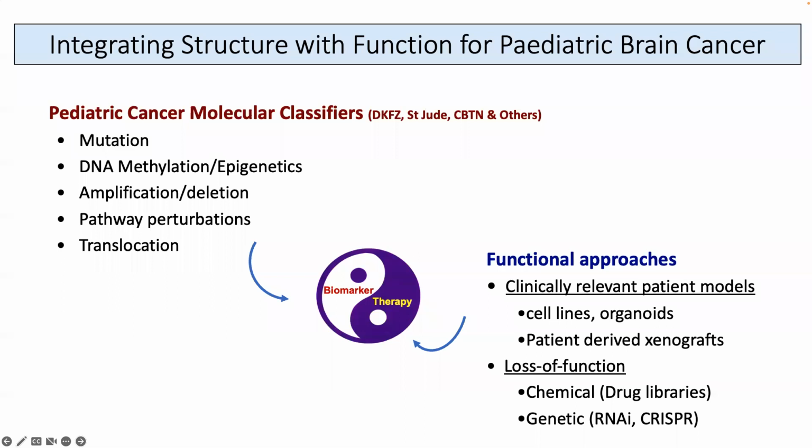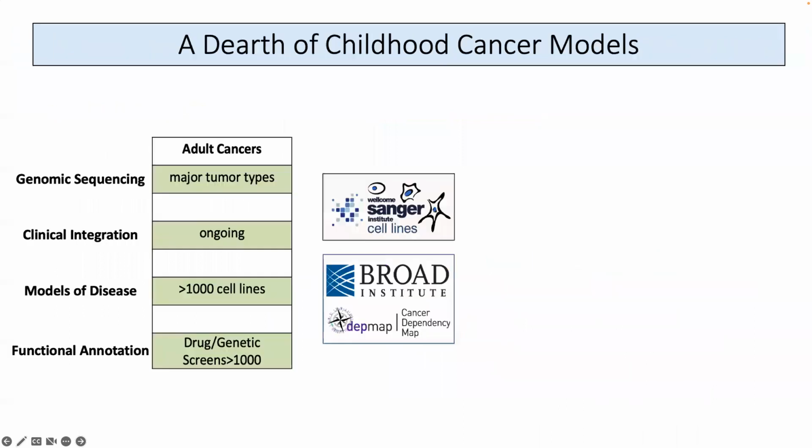And in order to ascribe such function, we really need to think about an integrative approach that not only combines these types of tumor molecular sequencing exercises, but also utilizes clinically relevant models that recapitulate the molecular features of the tumor, together with functional approaches such as chemical perturbants, such as small molecule libraries, and functional genomics, RNAi, and nowadays CRISPR, to really identify which of these alterations are actually drivers.